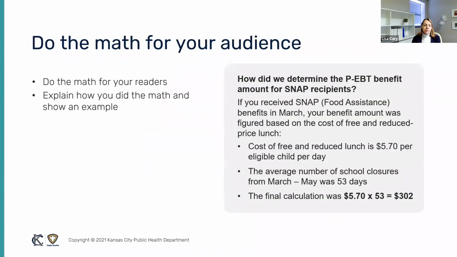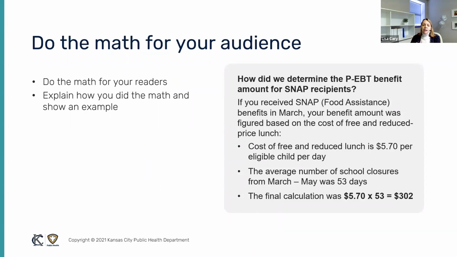Okay, good job. So the second principle that we talk about with numbers is to do the math for your audience. Readers are just unlikely to want to do even basic math because, for most of us, it's been a while since we've had a math class. So go ahead and, if you can, do the math for your readers.